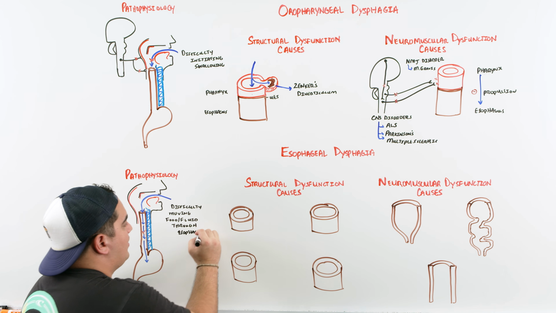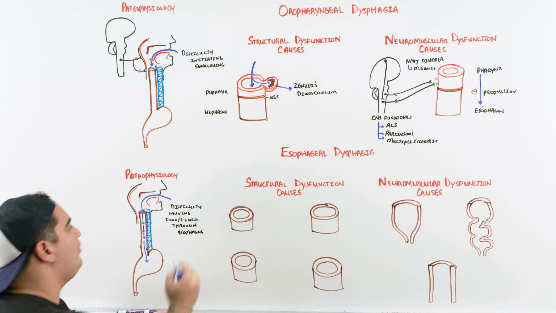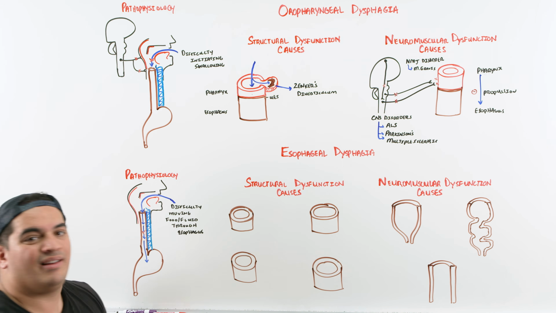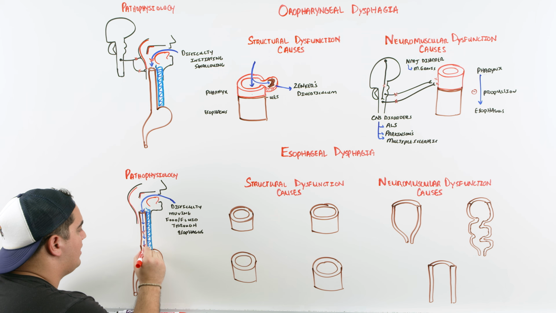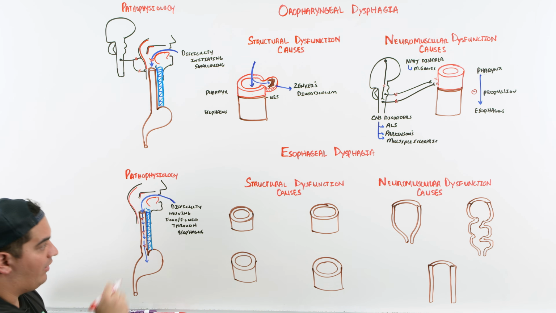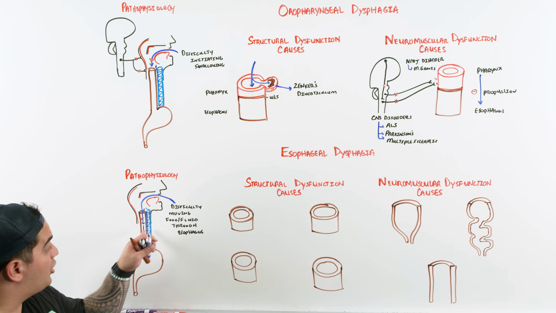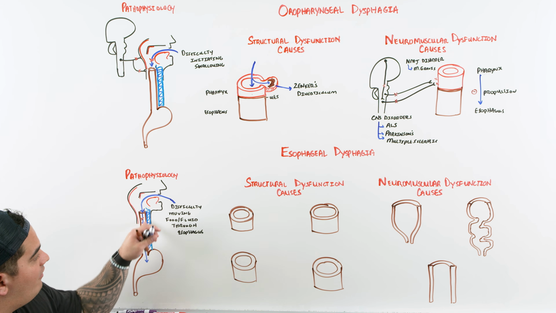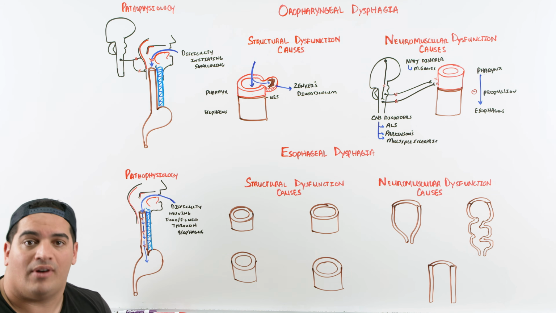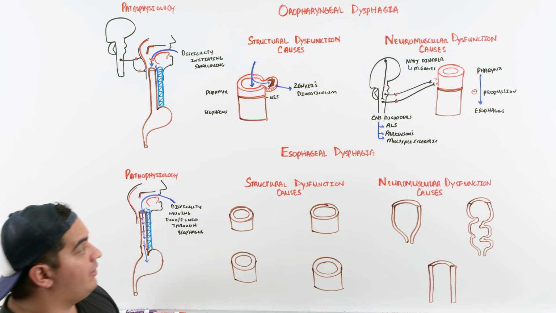And oftentimes they'll describe this as a sensation of food is getting stuck in their kind of throat, or in this case the esophagus though. And it's usually because something is impairing the movement through here. Maybe it's an actual obstruction, or maybe it's the nerves and the muscles that are involved in the wall of that esophagus aren't functioning correctly. So let's talk about those.